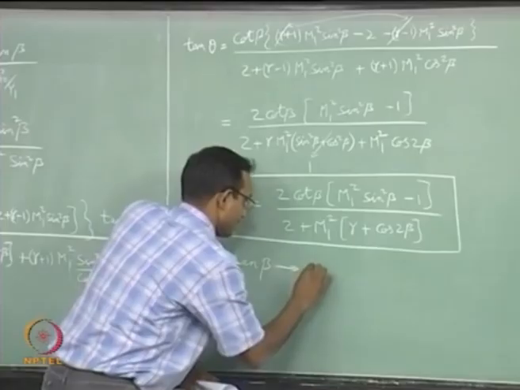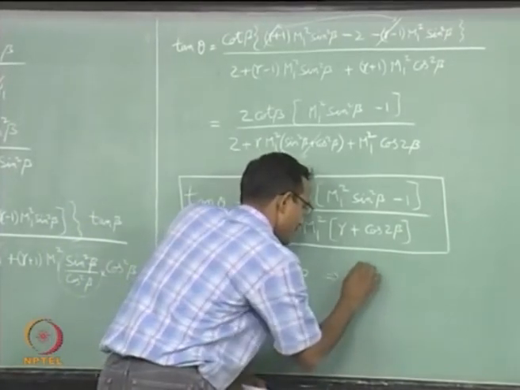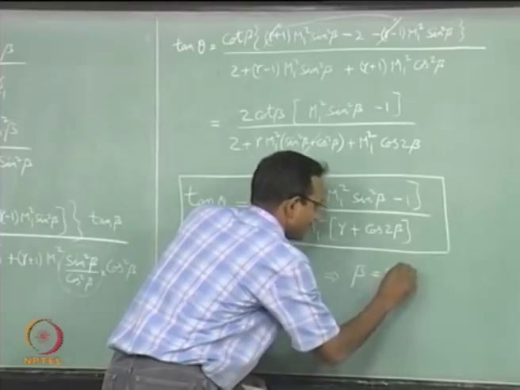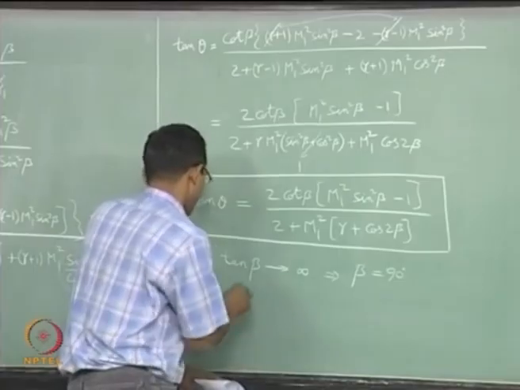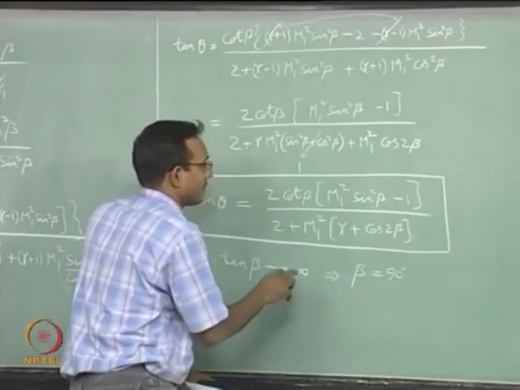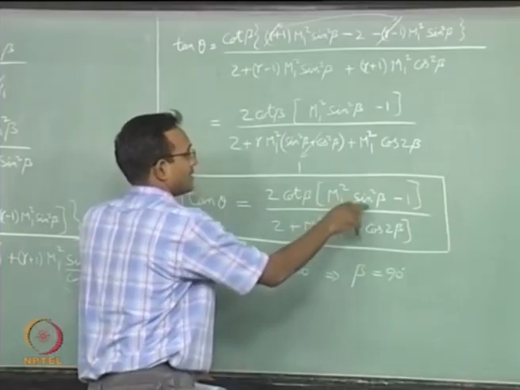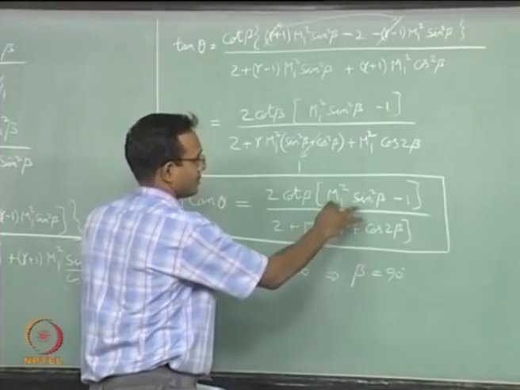tan beta tends to infinity, which means beta is equal to 90 degrees. Not tends to, it is equal to 90 degrees. That is the way we write it. And the other expression will tell me M1 square sin square beta minus 1 equal to 0, that is, M1 square sin square beta is 1.